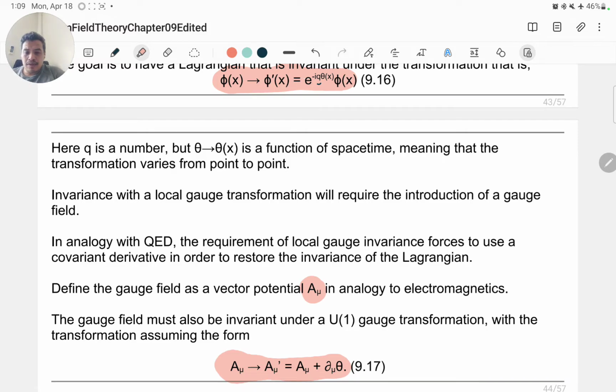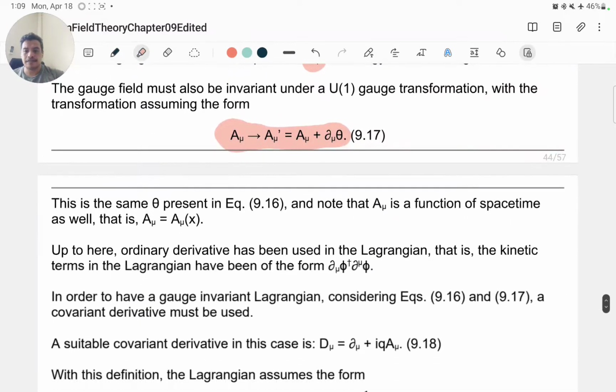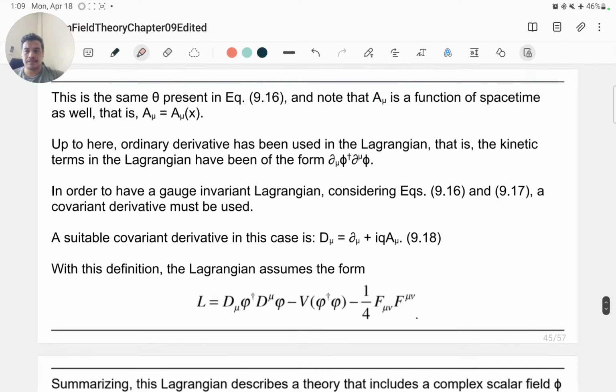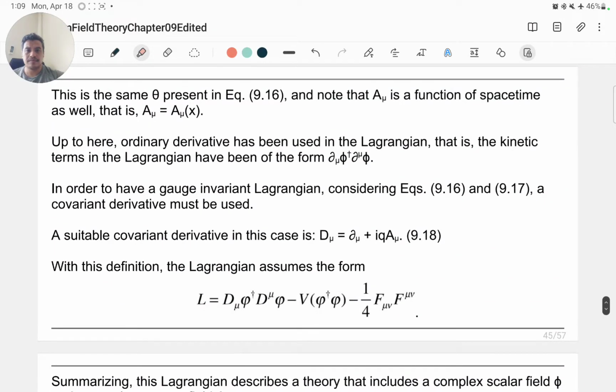That is, it must also be invariant under U(1) gauge transformation. We also have to note that the gauge field A mu is also a function of space-time.